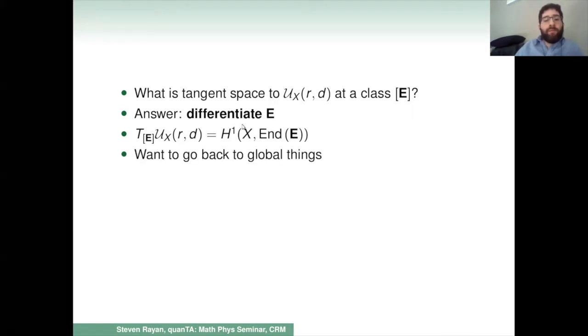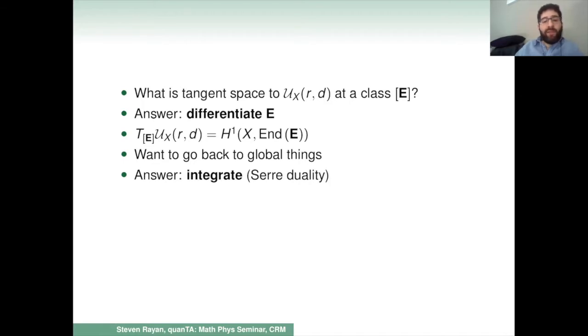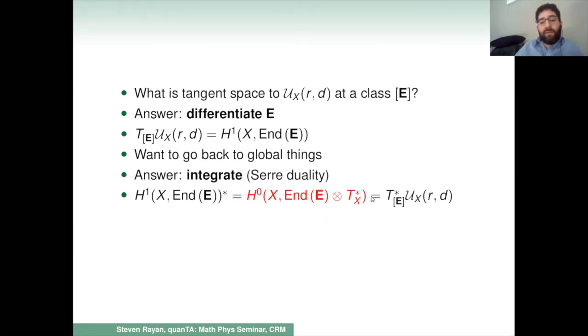Well, why work locally if you can work globally? So if we want to go back to global things, the answer is to integrate and use Serre duality. Serre duality says that we can go back to H0, global things, at the cost of twisting by the dualizing bundle, which happens to be the cotangent bundle. Well, there are two observations here.